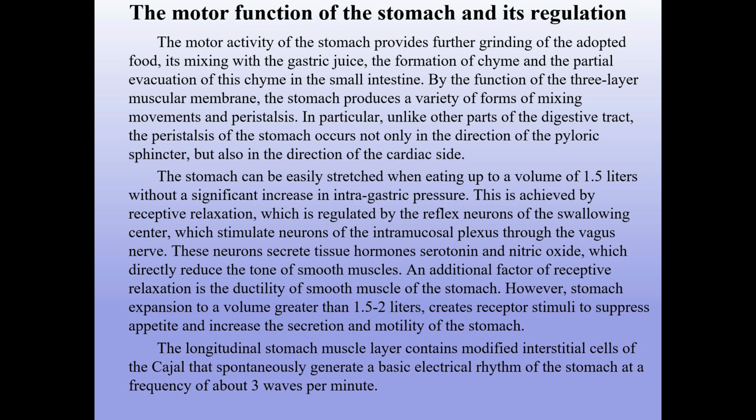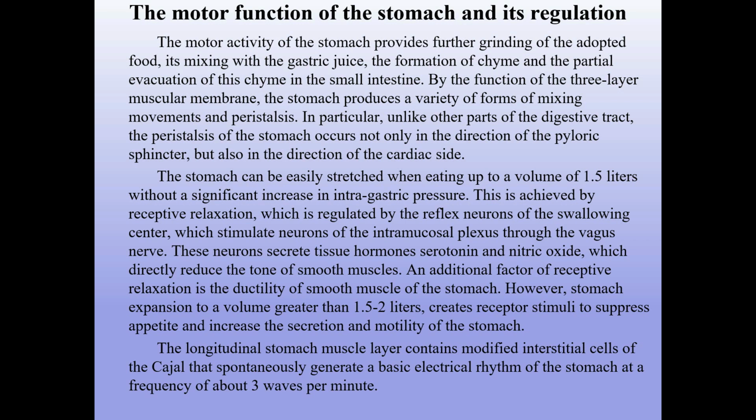The stomach can be easily stretched when eating, up to a volume of 1.5 liters, without a significant increase in intragastric pressure. This is achieved by receptive relaxation, which is regulated by the reflex neurons of the swallowing center, which stimulate neurons of the intermucosal plexus through the vagus nerve.